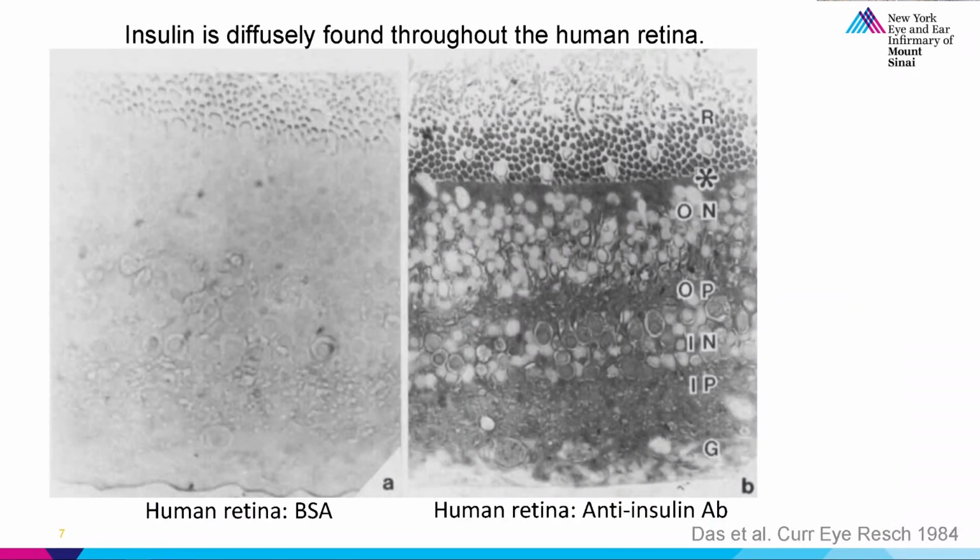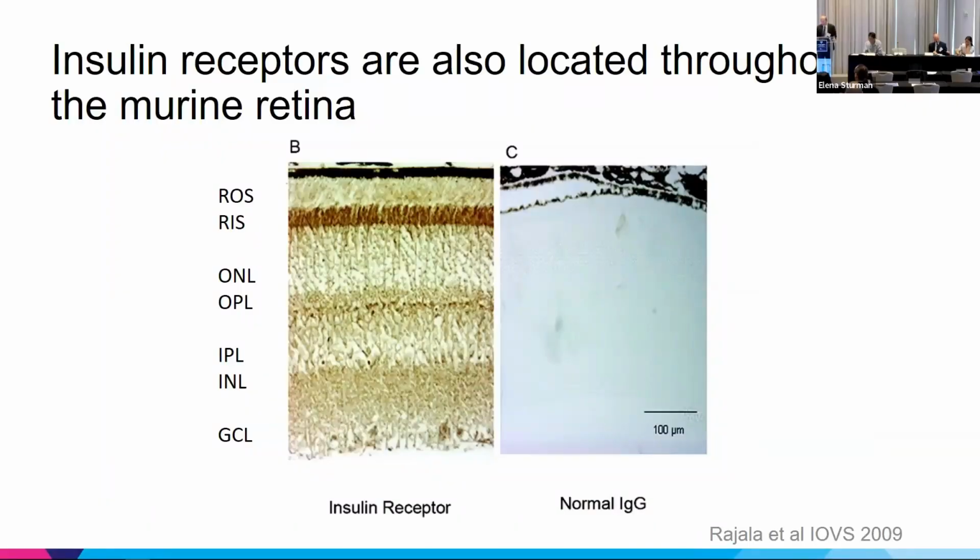So insulin is diffusely found throughout the human retina. This is a study from 1984 demonstrating with an anti-insulin antibody that basically you can find insulin throughout the whole retina. Insulin receptors are also located throughout the entire retina. This is a paper from 2009.